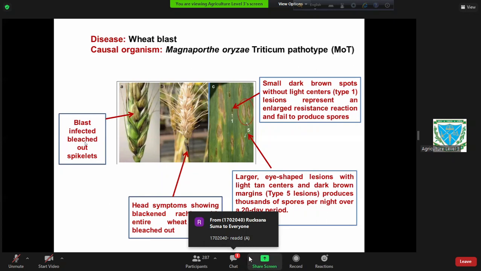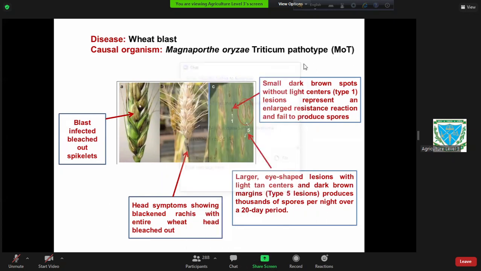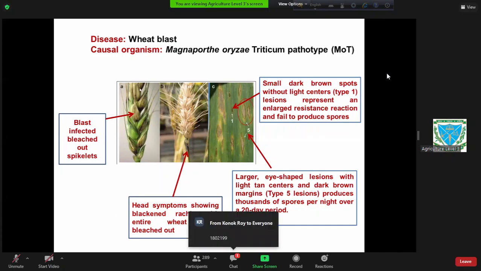You can see a burning symptom. Usually the wheat head is green in color, but if the pathogen attacks, then you will see the bleached-out head, turning from green to straw color, or burning, something like that, on the spikelets. And if you closely observe, you can see black discoloration at the rachis of such infected heads. So these three distinct symptoms we can notice in case of wheat blast.